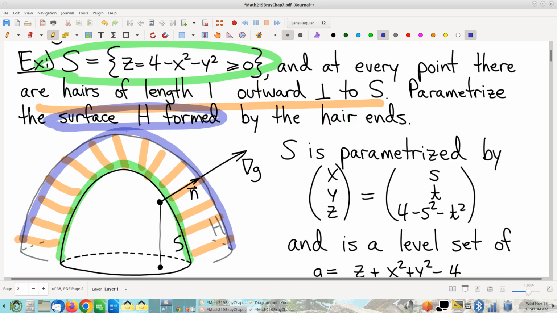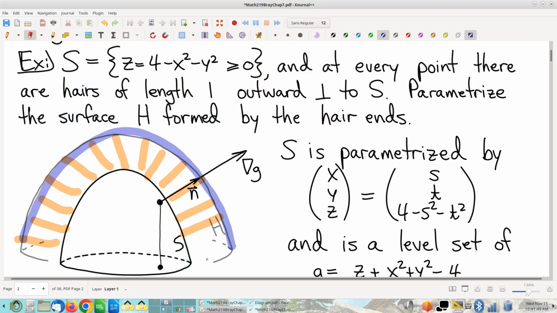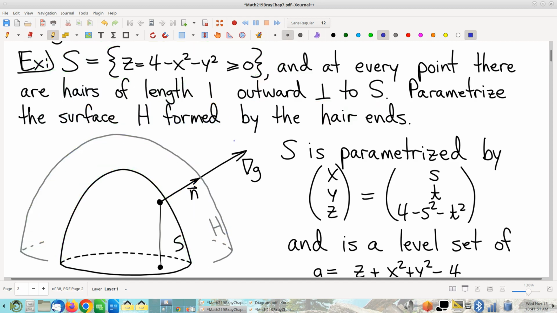Okay, so the big strategy on this is actually not so deep. Let me just get rid of the mess. Step 1, I need to find a formula for an arbitrary point on the surface S. Step 2, I need to find a formula for this vector representing a hair coming out of the surface at that point.